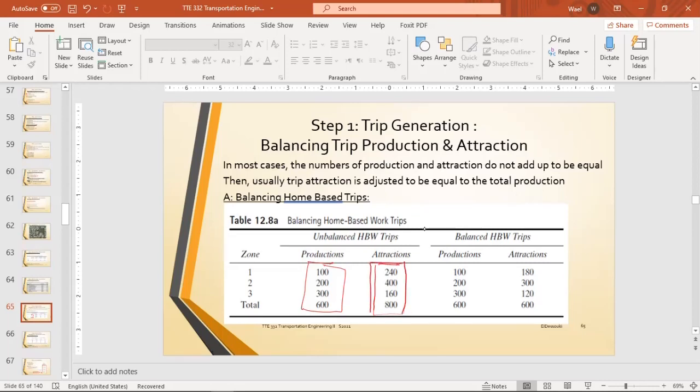Attraction is a trip opportunity. What does it mean? For example, if we have the Zahran Mall, it has an attraction for X number of customers, or X number of trips. If another mall opens in the Zahran area, do you expect the same number of people will go to Zahran Mall?